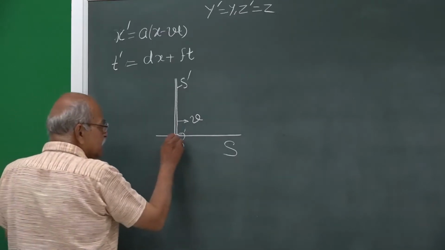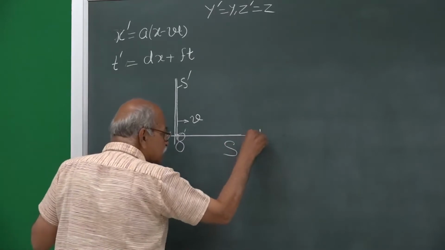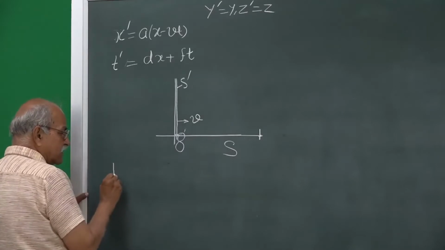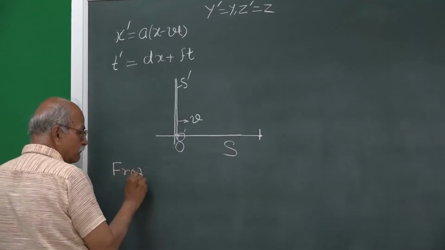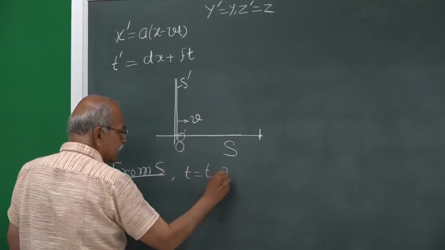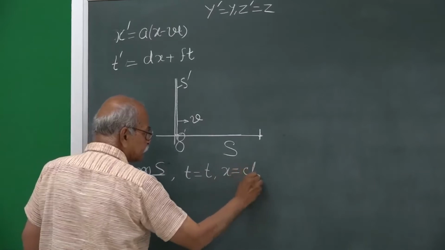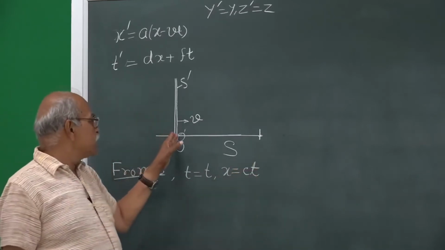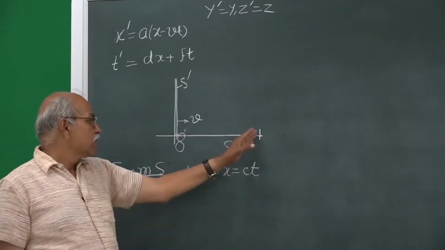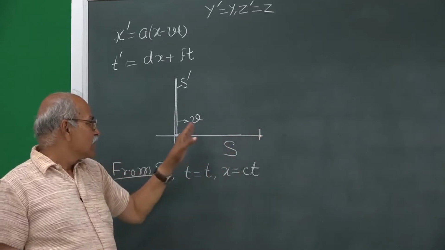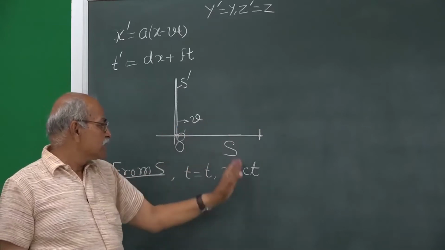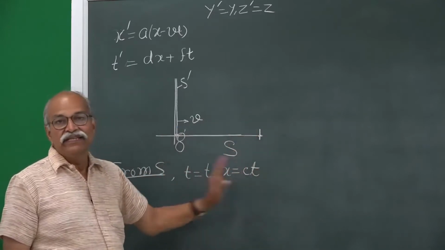So, time is t and x is c t. The distance covered must be c t, so x is c into t.